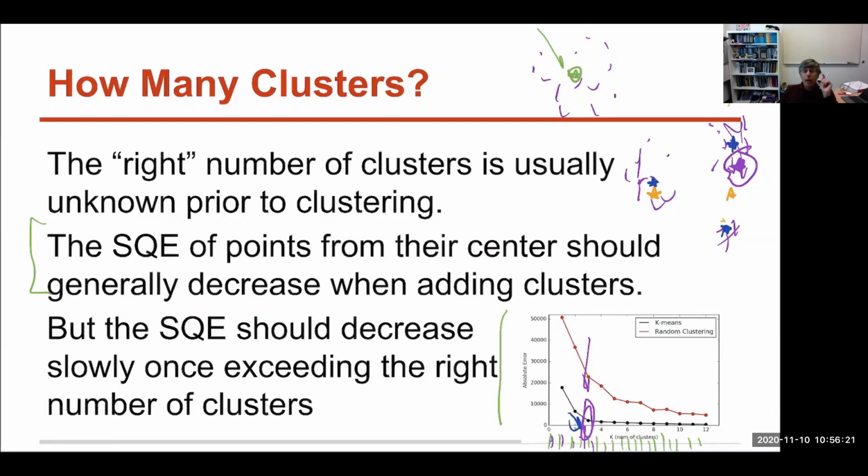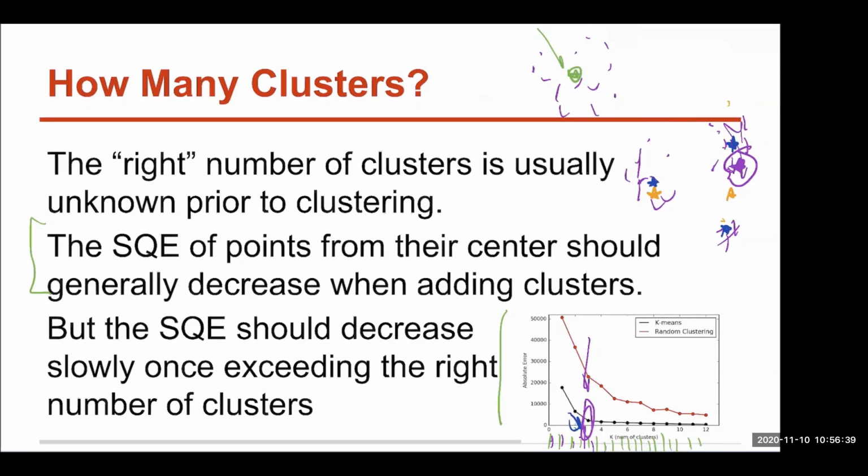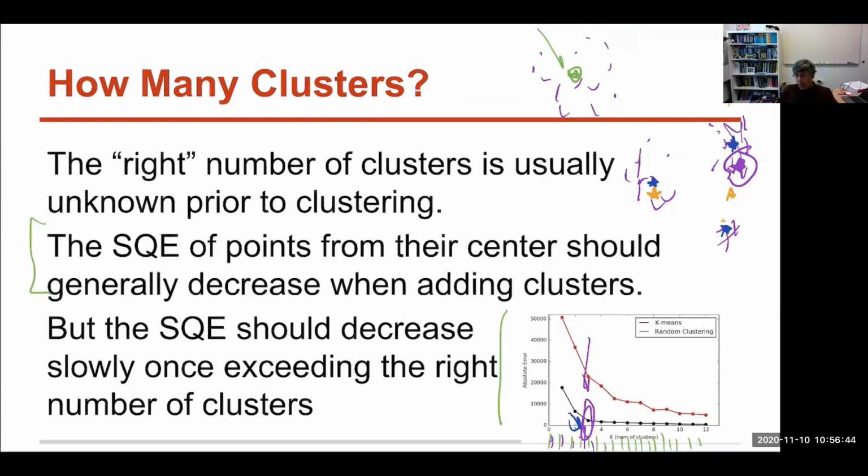If we have n points, for what value of k will we get the least amount of error? The number of points itself. Yes, if every point were its own cluster center, then the error between every point and its cluster center is 0.